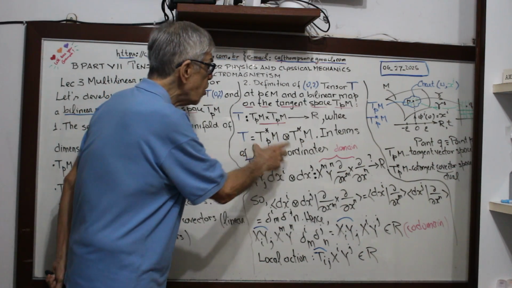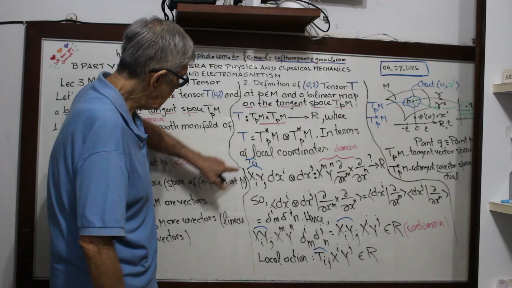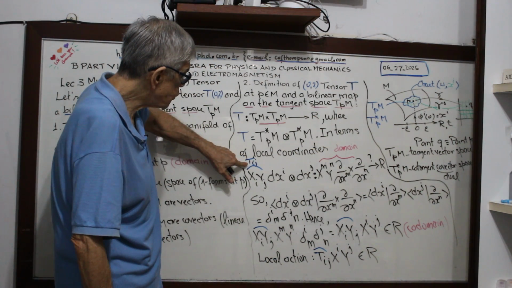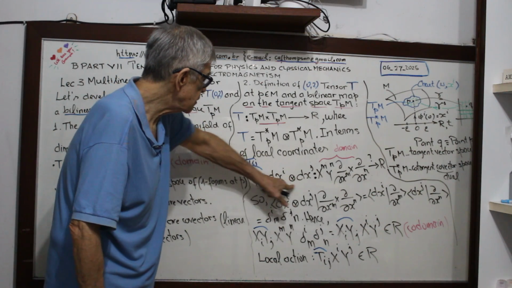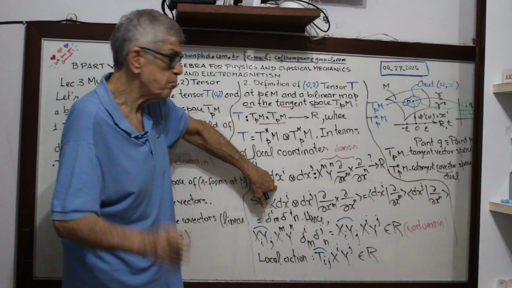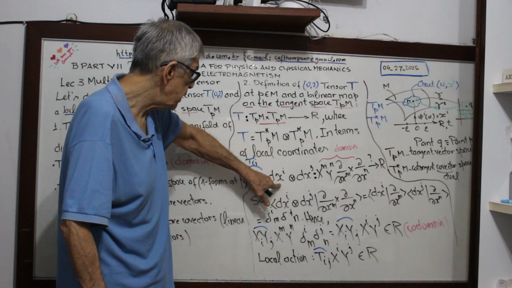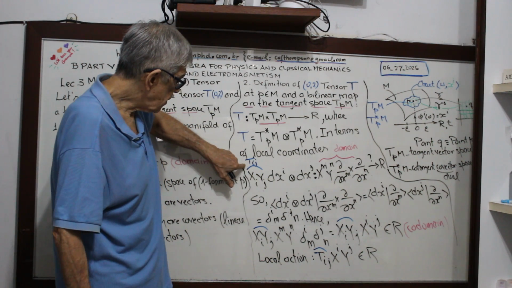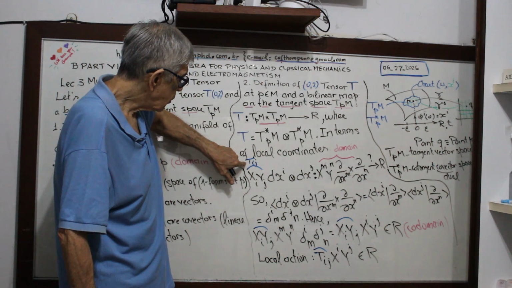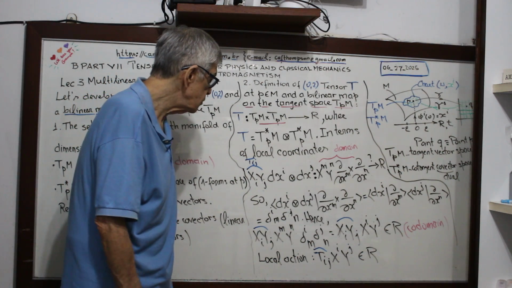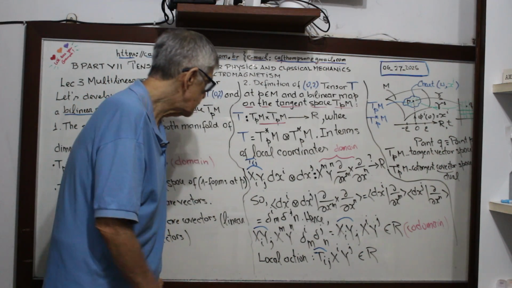So, in terms of local coordinates, this is the blue one, Tij, with a basis, okay? The basis belongs to the cotangent space. This over here also belongs to the cotangent space.